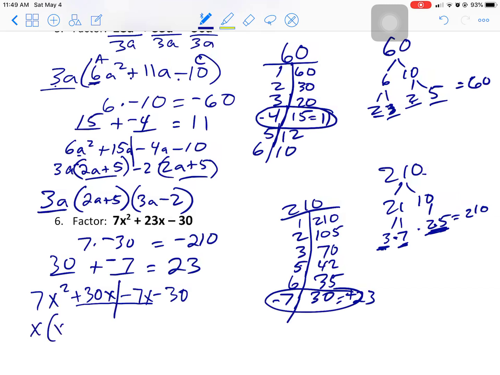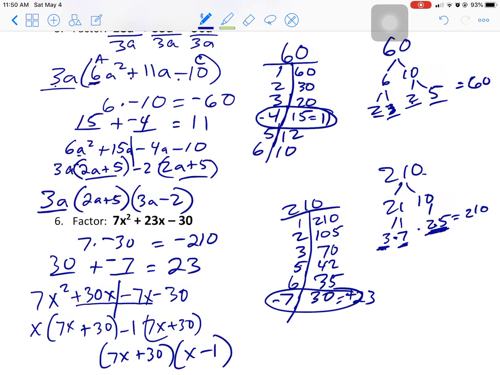That leaves me with 7x plus 30. Go over here, 7x plus 30. That means I'm only taking out a negative 1. All right, the signs are off. Everything else is good. So final answer, 7x plus 30 times x minus 1.